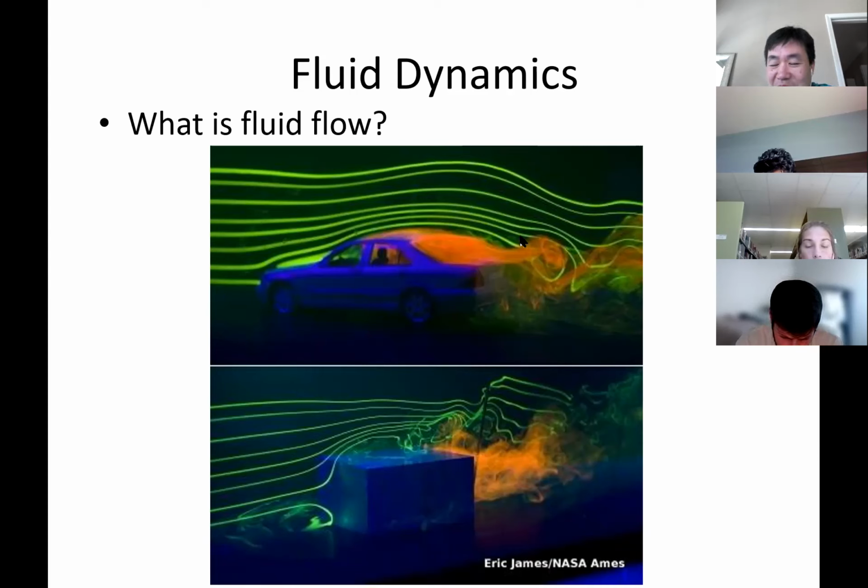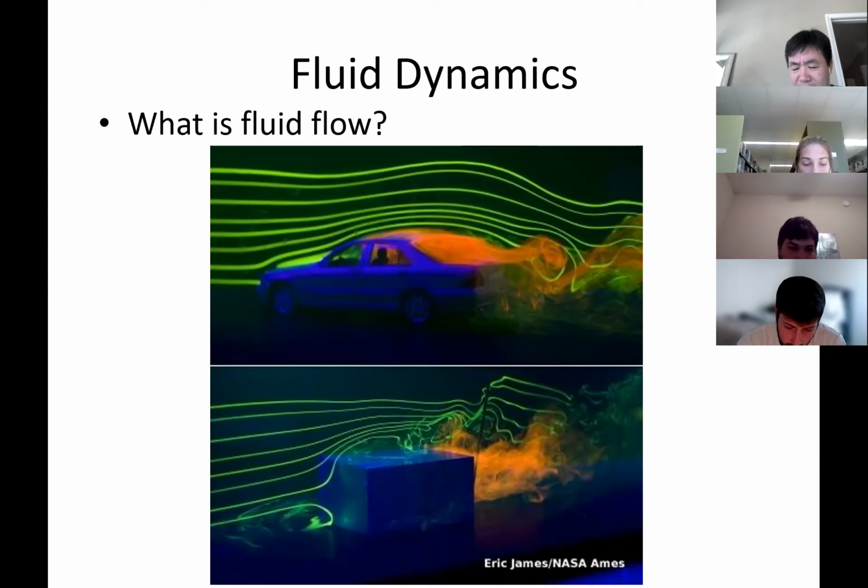It's better. So why do you think the car has less drag than the block from looking at these two pictures? Any ideas of the reason? Maybe the smoothness of the upper part? Smoothness.